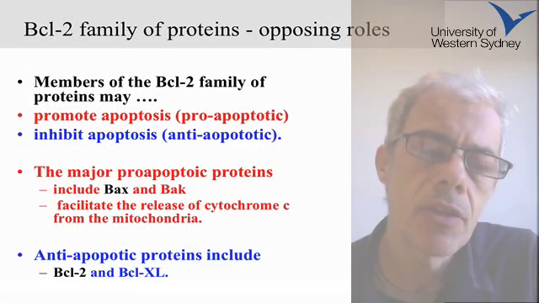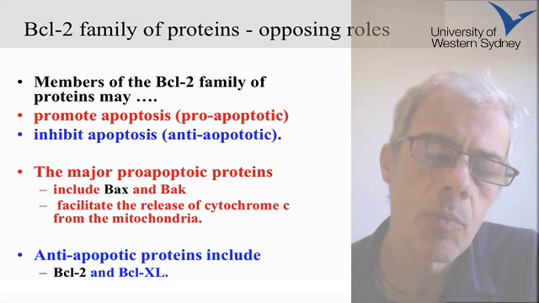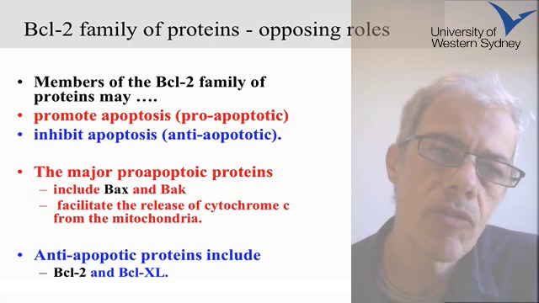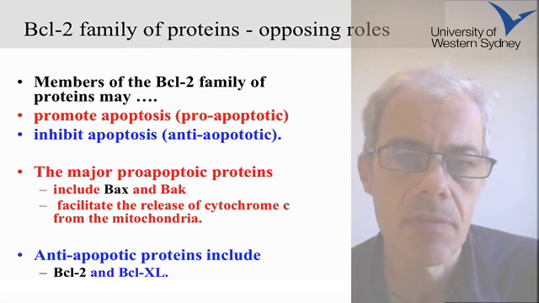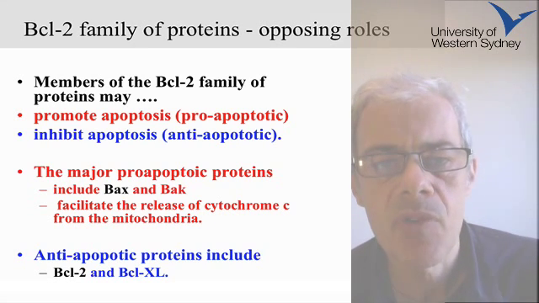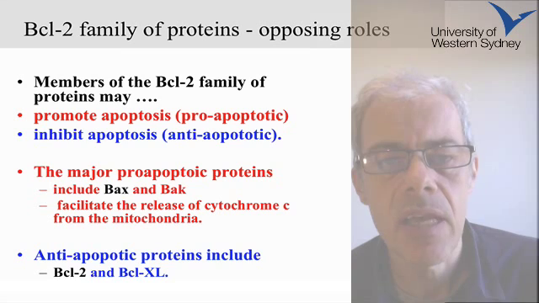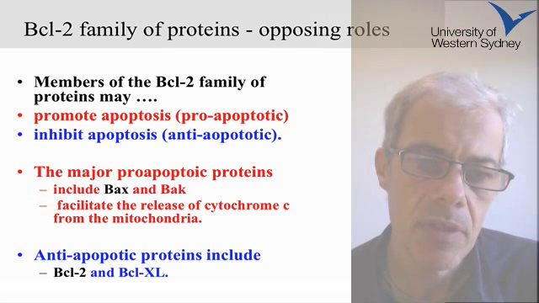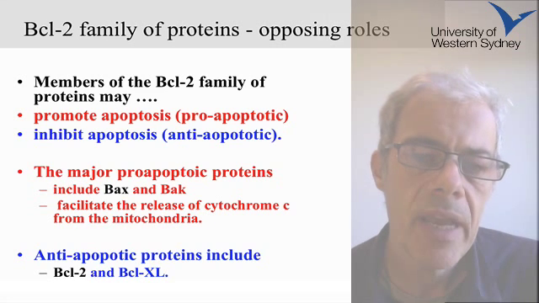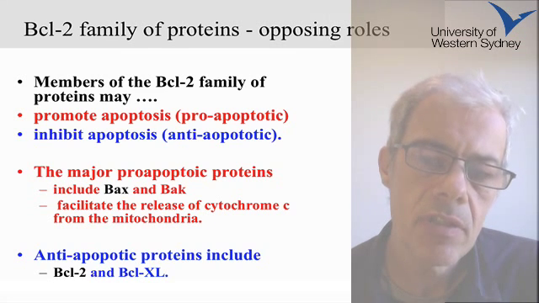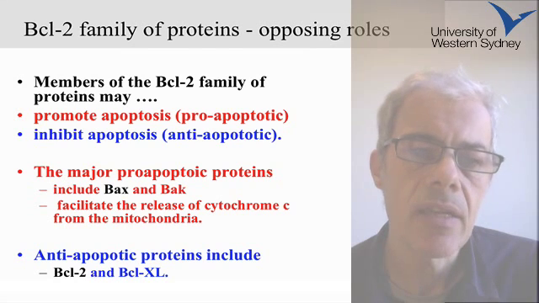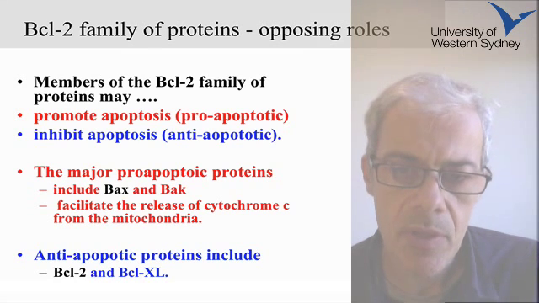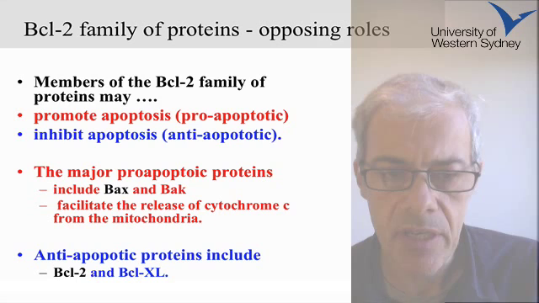So BCL2 is not just the name of an individual protein, but it also refers to a family of proteins. And within this family of proteins are factors that promote apoptosis and factors that inhibit apoptosis. So one of the main members of this family of proteins that triggers apoptosis is the Bax protein.